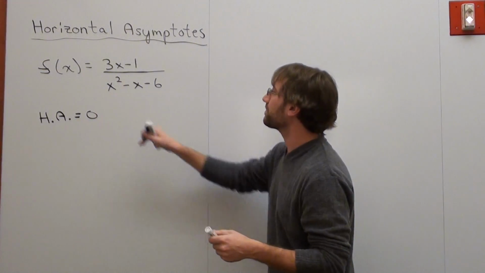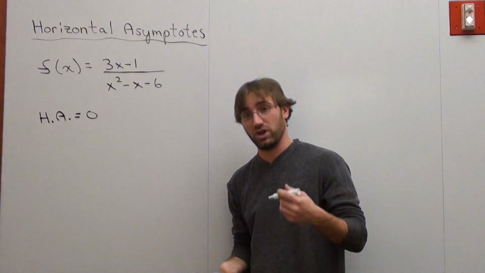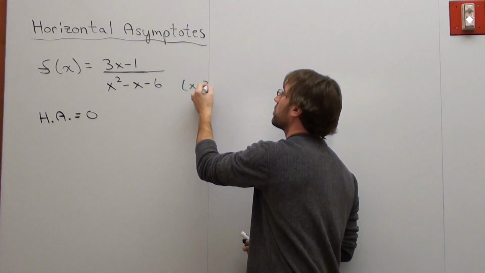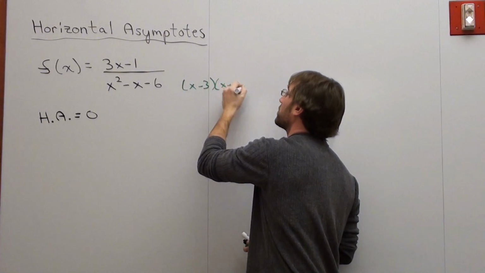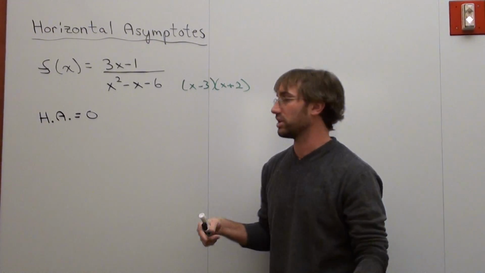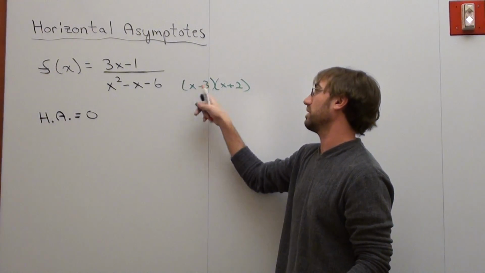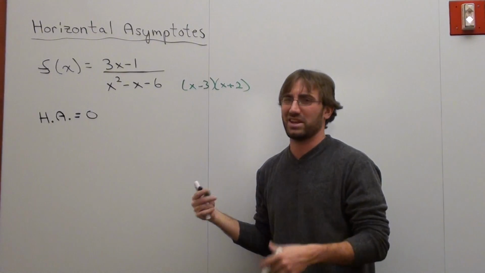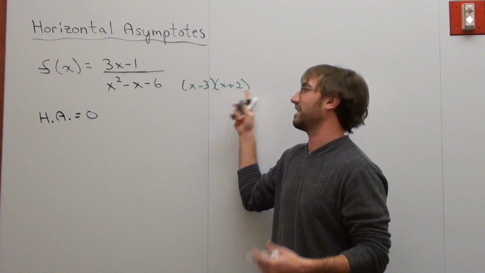x squared minus x minus 6 factors into (x minus 3)(x plus 2). If I use the zero product property, I ask what's going to make the denominator equal 0? Well, if I substitute in a 3, it'll make this factor 0, or if I substitute in a negative 2. The other way to think about it is to just take the opposite of the sign.